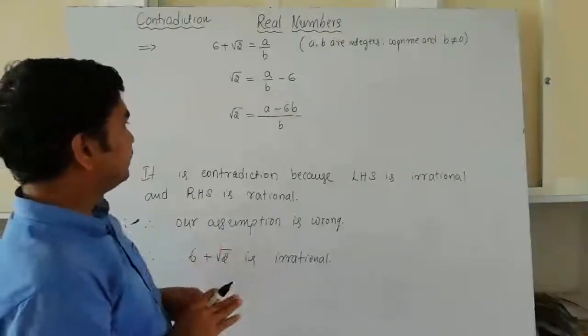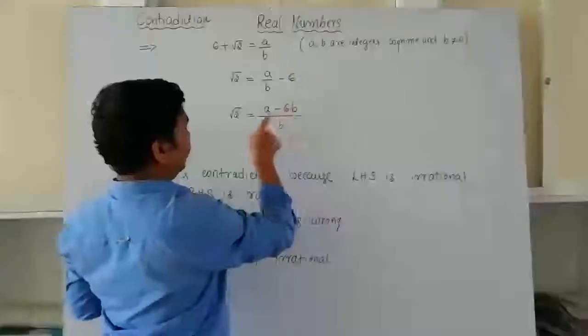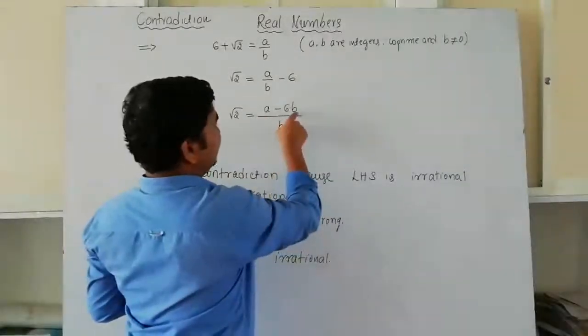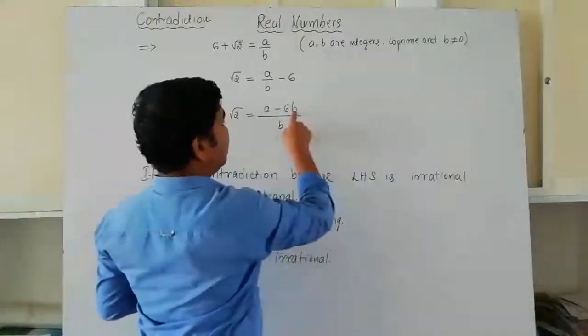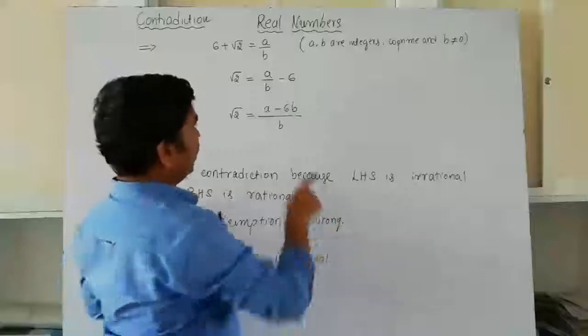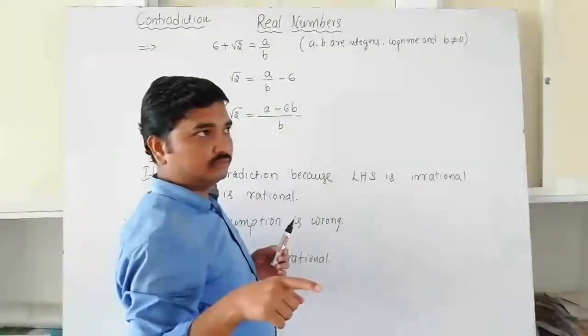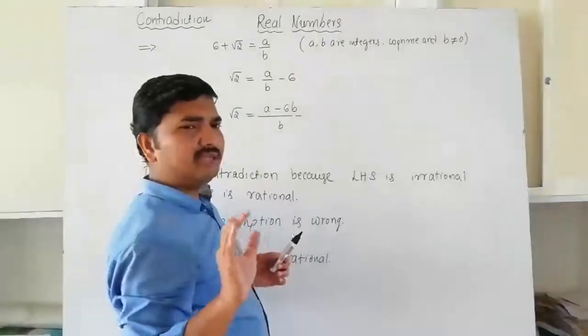So now look at here. Root 2 is an irrational number. Okay, so now look at here. a is what? Integer. b is actually what? Integer. 6 into b is again what? b is an integer.